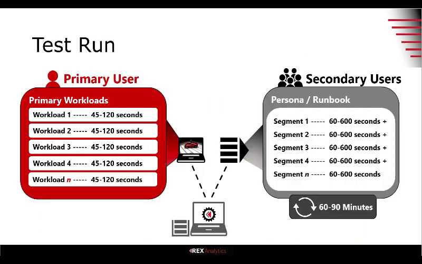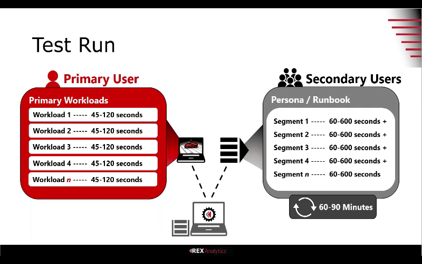The individual workloads only run for 45 to 120 seconds when we run those tests, and we record them with a frame grabber, while on the right side, the secondary users can run and create workload background noise for 60 to 90 minutes.